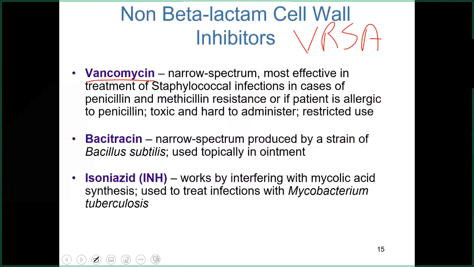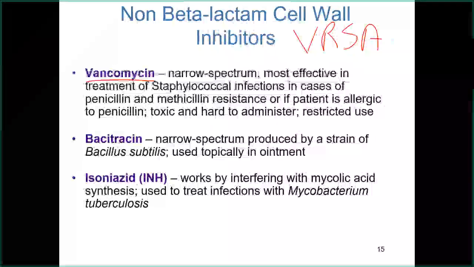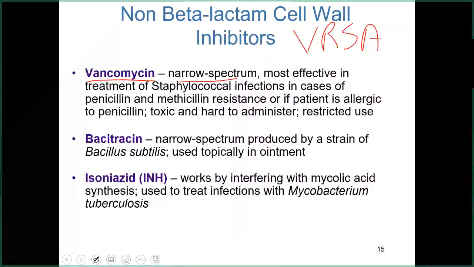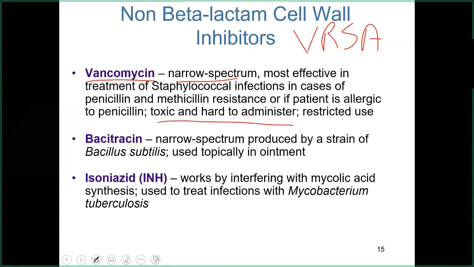But now, of course, that's not even possible with certain of these strains of Staph aureus. It has the narrow spectrum property that's desirable, but it is toxic and hard to administer, so its use is restricted.